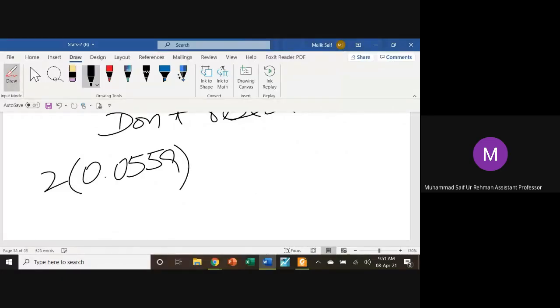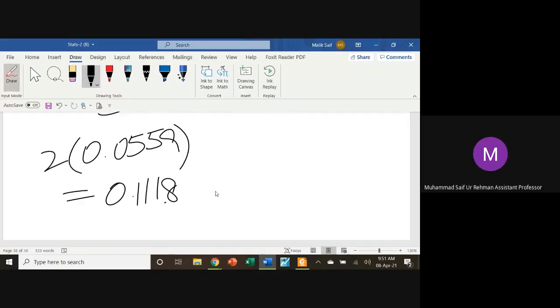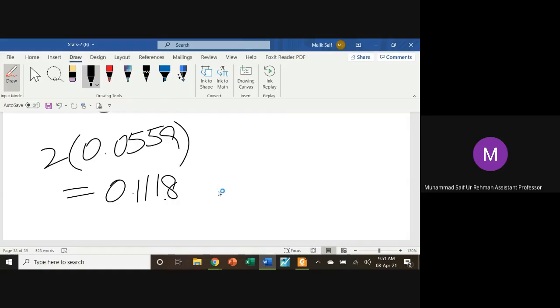Multiply this with 2. See what is the answer. 0.1118. So this is your probability value when you are taking into account two tails.